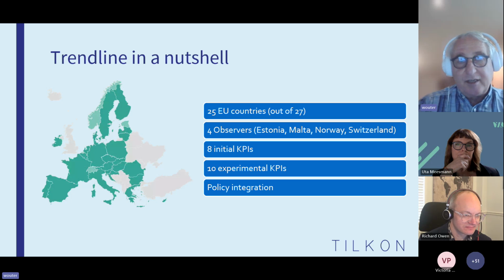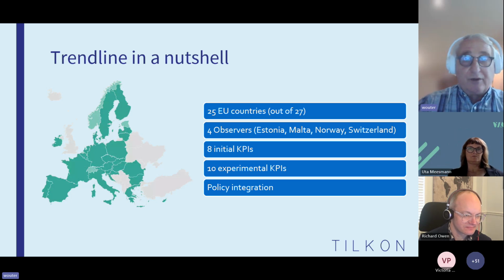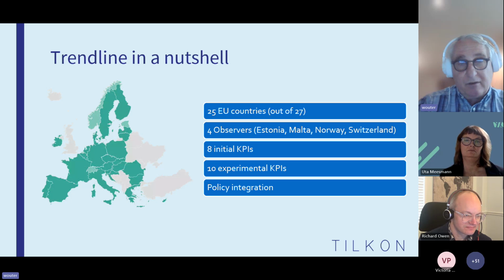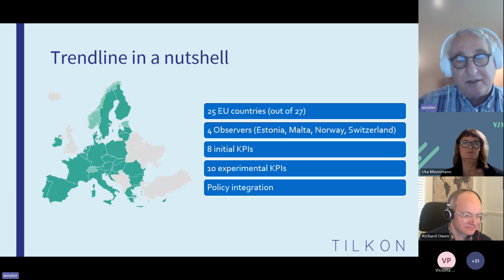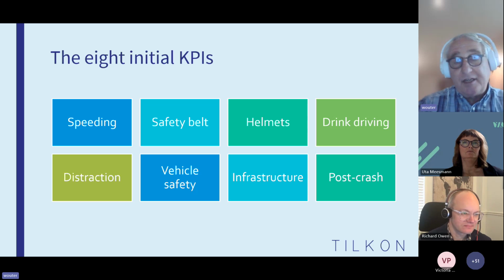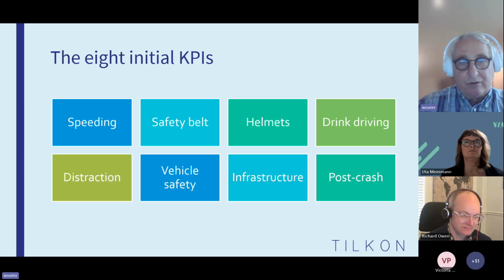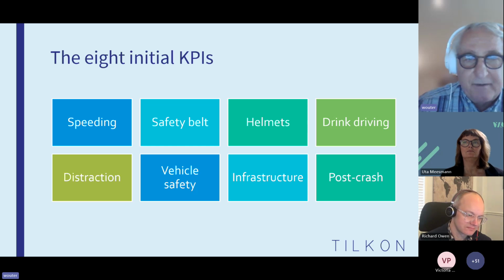We have 8 initial KPIs, I'll come back to that, but also 10 experimental KPIs, and also a part on policy integration, or how we can stimulate national authorities to use road safety performance indicators in their policy plans.